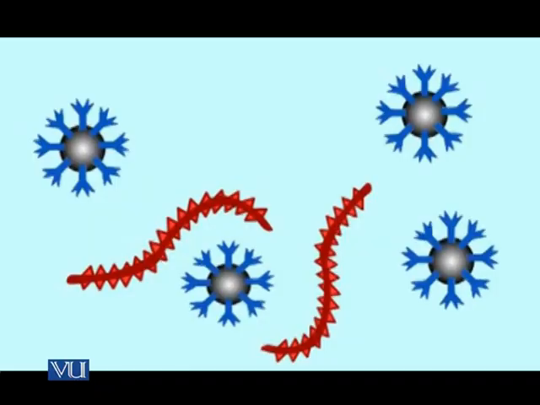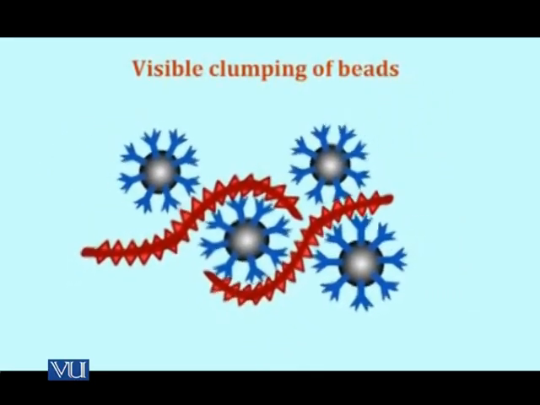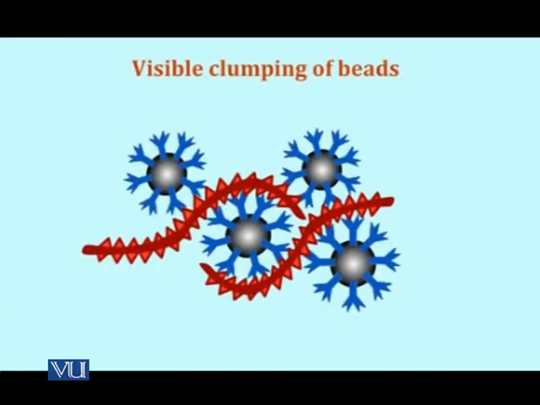One long repeating antigen molecule can attach to several beads, causing them to clump together, or agglutinate. So even very tiny quantities of antigens that have lots of repeating antigenic domains can cause visible clumps to form and be detected by this test. This is the basis of the test.